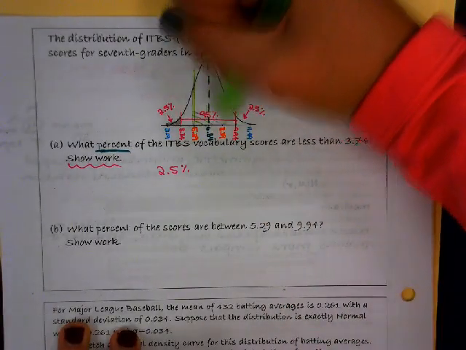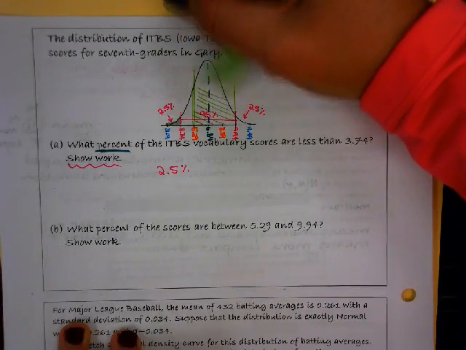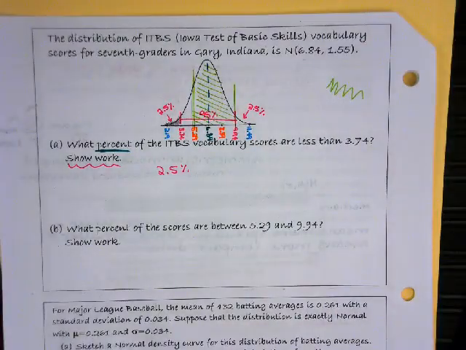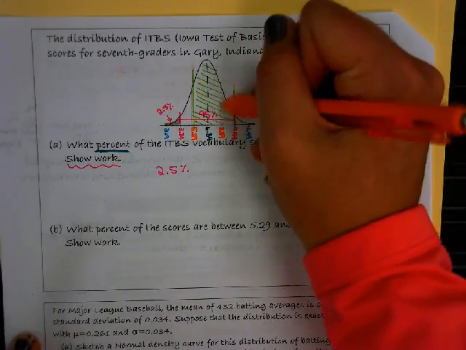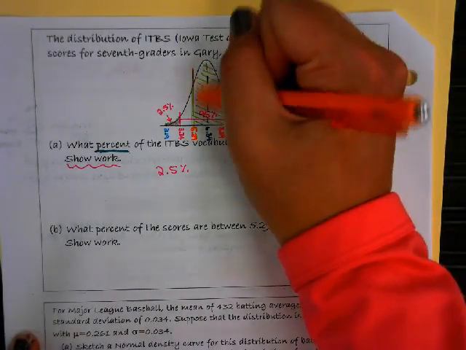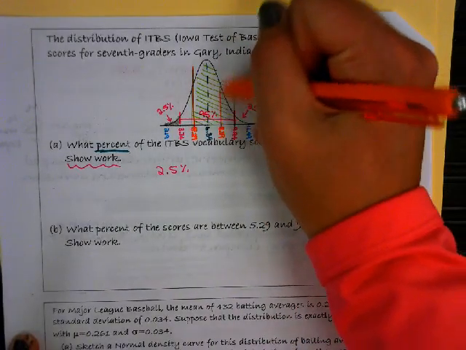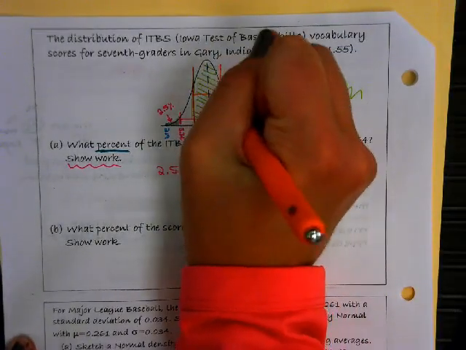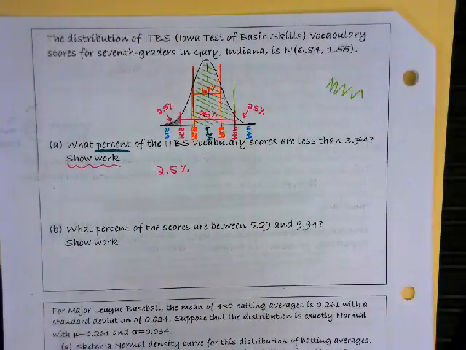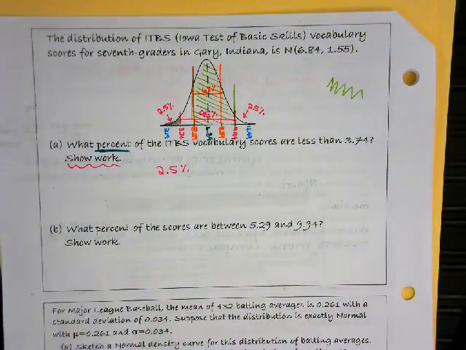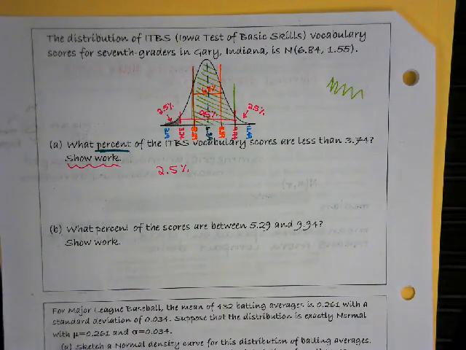So we know that between 5.29 and 8.39 we have 68% of our data. So what percent does that leave for the outside? 16 on each side, because 100 minus 68 would be 32, and 32 cut in half would be 16.